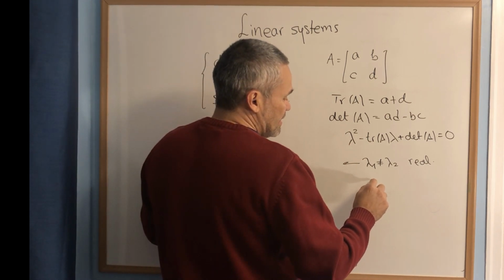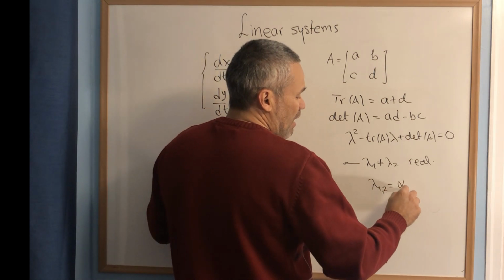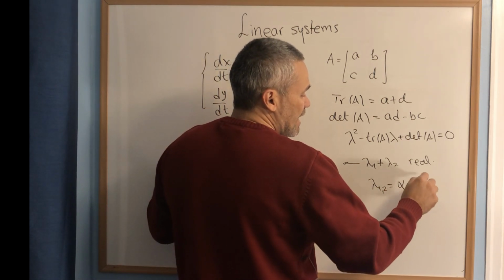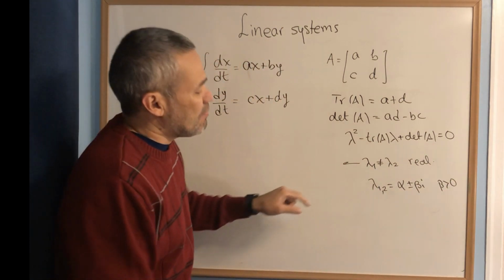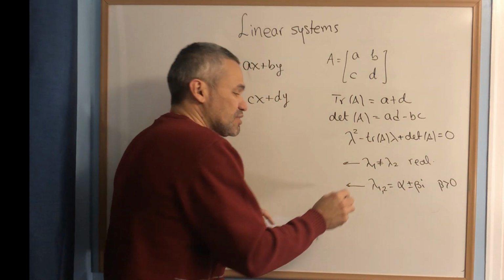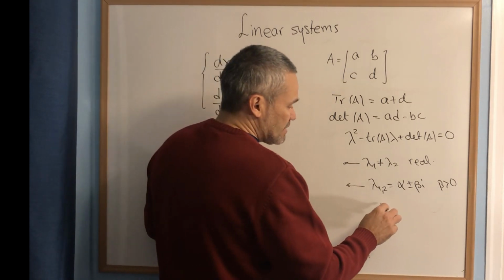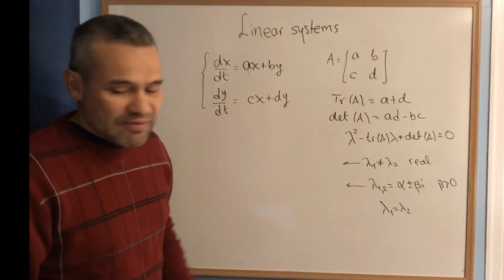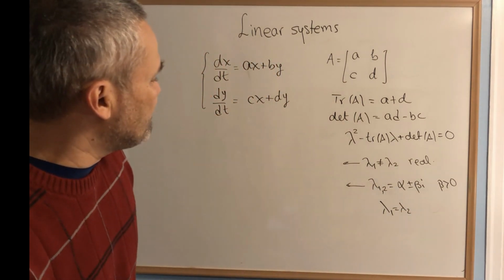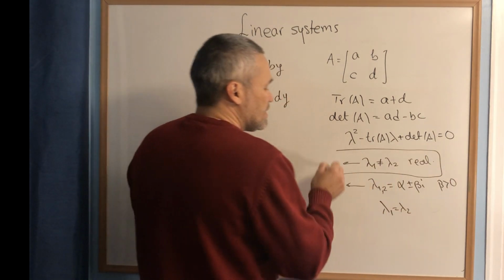The other case is when lambda 1 and 2 are of the form alpha plus or minus beta i, with beta bigger than 0, complex numbers, and there will be another section that explains what to do in this situation. And the other case is when lambda 1 equals lambda 2. Okay, we're going to see these three cases. And in this video, I will be explaining how to do the first case.